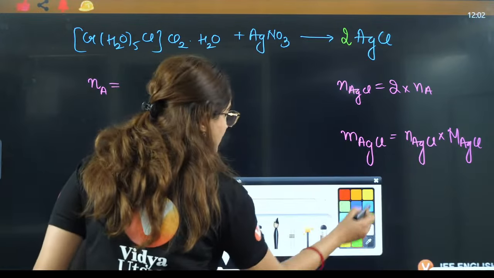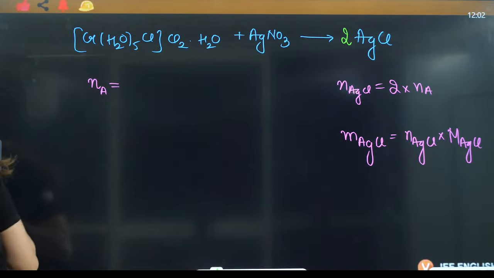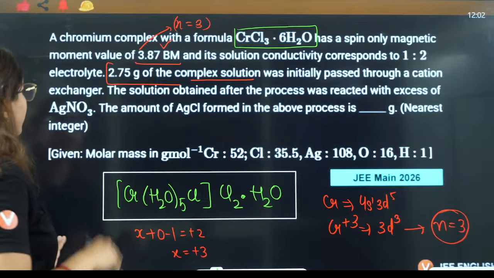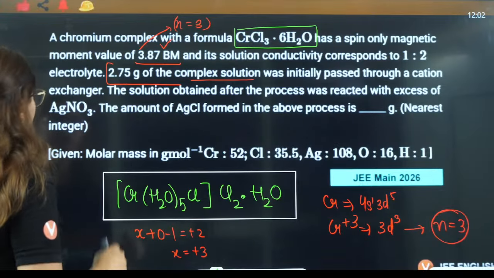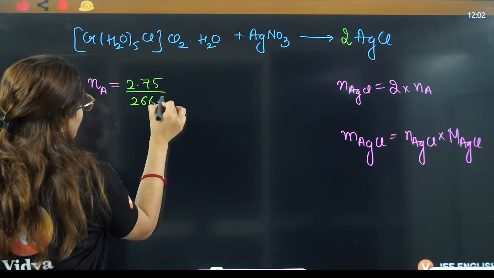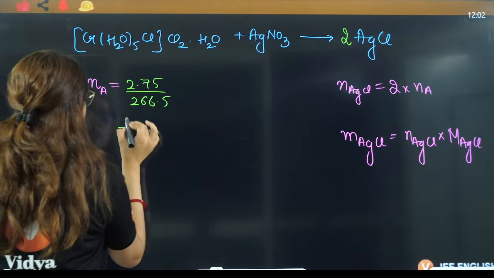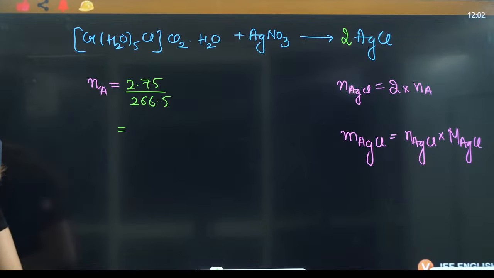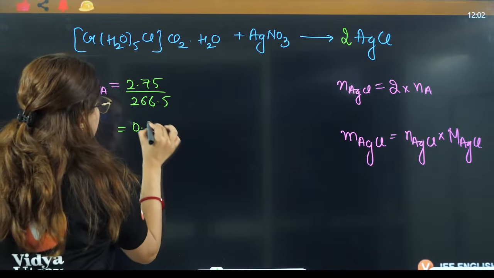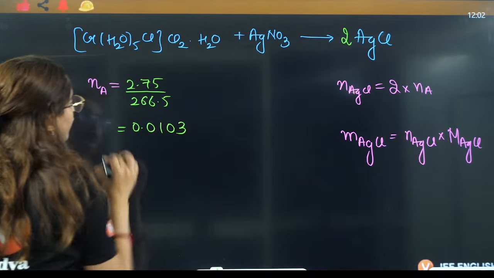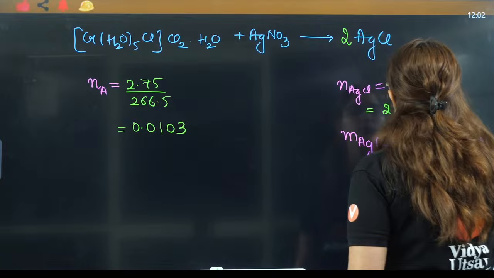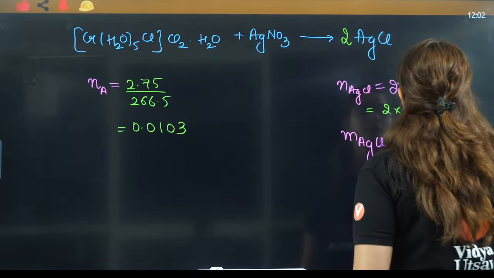This is 266.5. Here it is given to be 2.75, right? 2.75 of this 266.5, and when you solve this, number of moles of this compound is going to be 0.0103. Now number of moles of AgCl will be 2 into 0.0103.